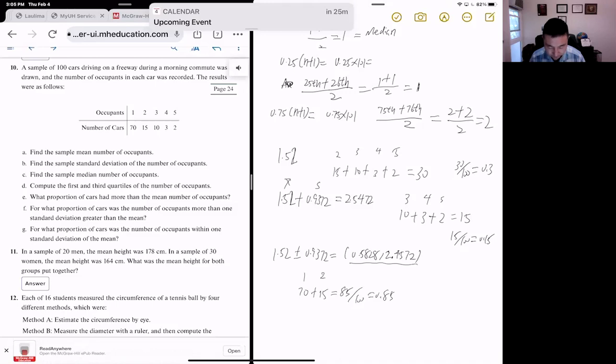And the second figure is 2.4572. Sorry, it is plus the standard deviation.